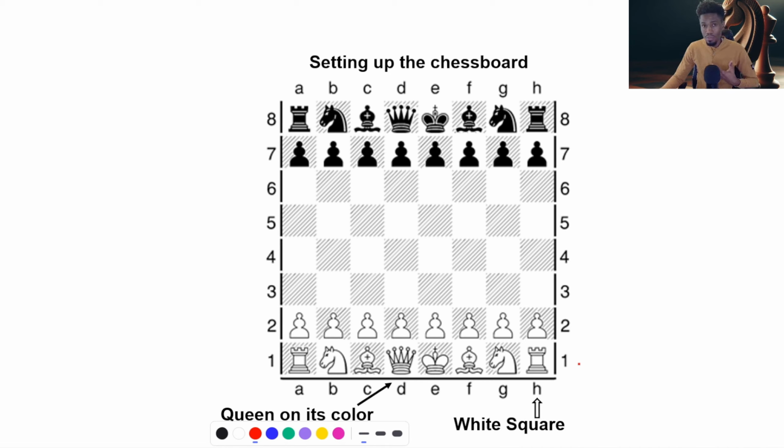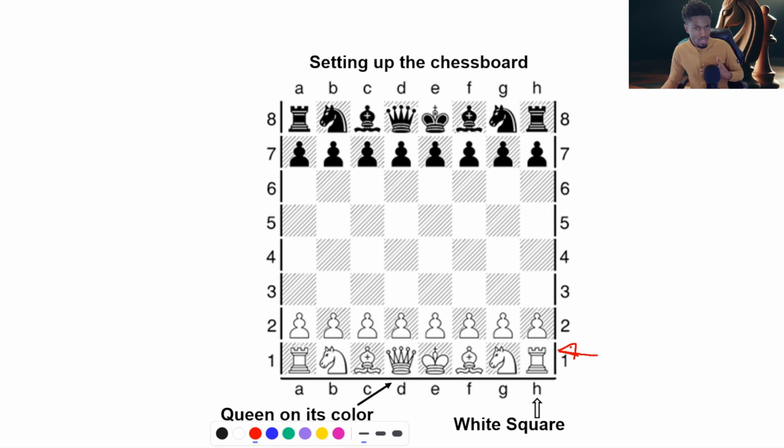When you set up the board, you put the mat or the wooden set that you have on the table, and you have to make sure that there is a white square by your right hand. Right here should be a white square. If it is a black square there, then you may want to turn your board around until you get a white square right there. After you do that, we start putting up the pieces.